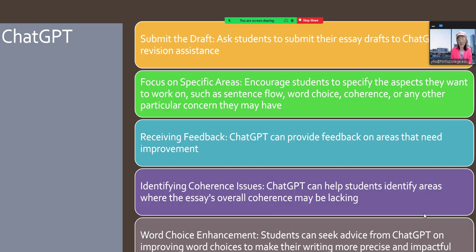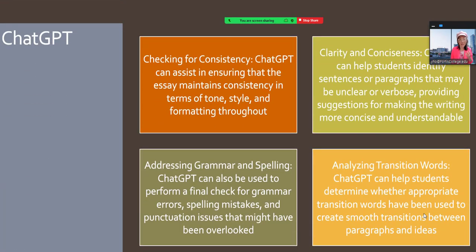Students can seek advice from ChatGPT on improving word choice to make their writing more precise and impactful. And also, a lot of these features that ChatGPT has for revision also occur in Grammarly. So if you have the free version of Grammarly, Grammarly does all of this as well, because Grammarly is also an AI program.